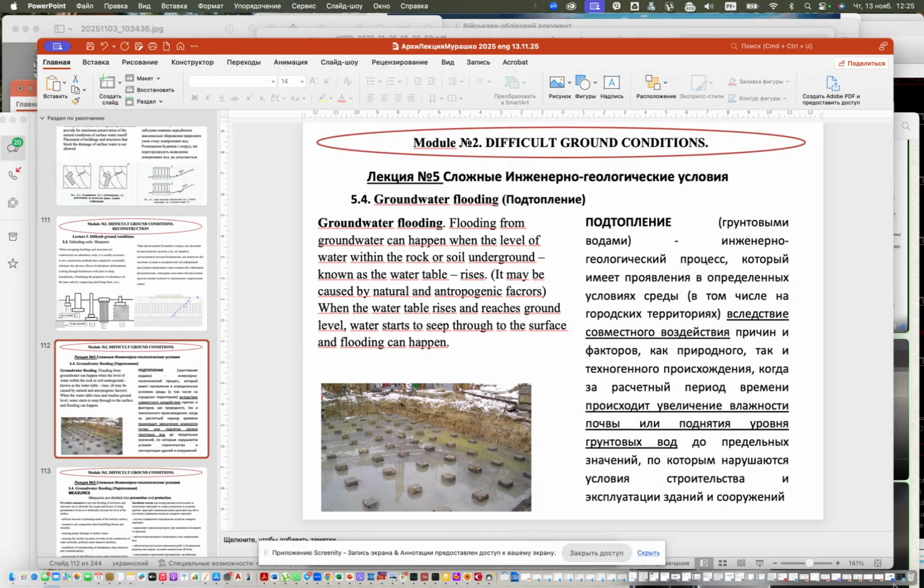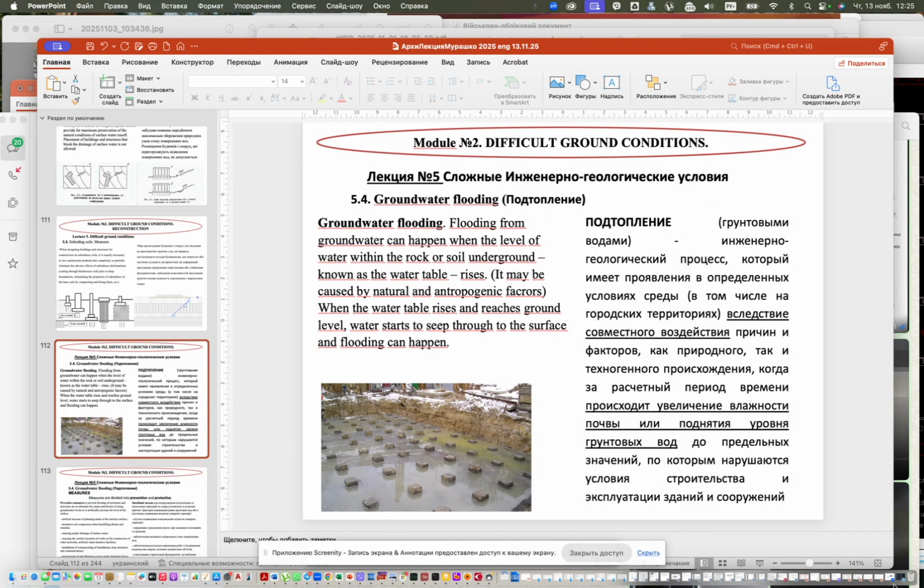For example, sand soils are not subsiding soils, so the presence of water in sand soils will not lead to subsidence when we have only presence of water. When we have a water flow, it will lead to the problem.